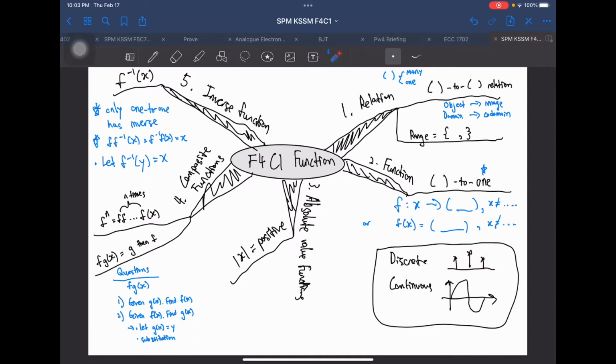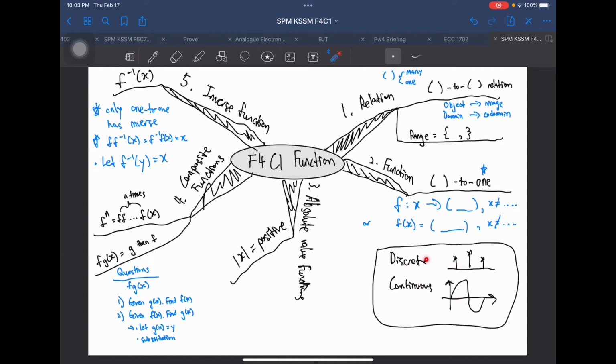And when you say a function is continuous, meaning that it is uncountable, therefore every point in the graph is connected. An example of a discrete function would be digital pulse, and an example of a continuous function would be analog signal. Okay, you guys will learn this in electrical and electronics module in the future.